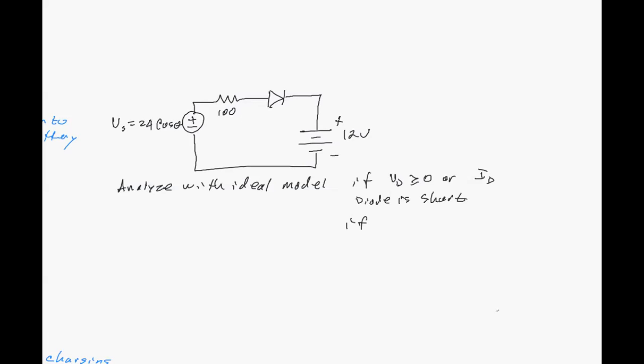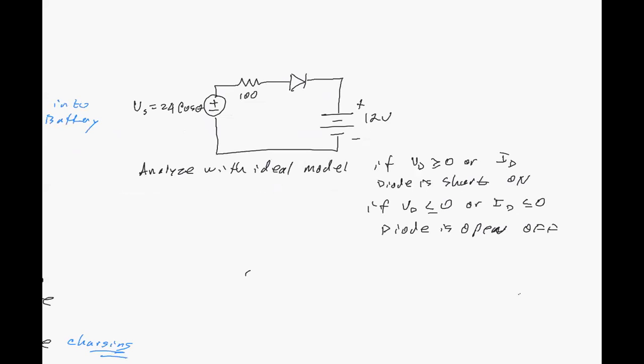And if we have a negative voltage, or ID is less than 0, then the diode is an open. We call that off, and we call this on. So first, anytime Vs is greater than 12 volts, if the source is greater than 12 volts, the diode is on.